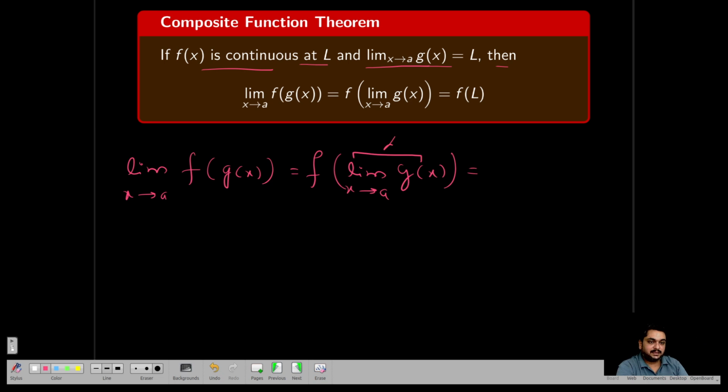This is already given as L, so this approaches the value L. That means f of L. So f of g of x means substituting g of x inside the function f.